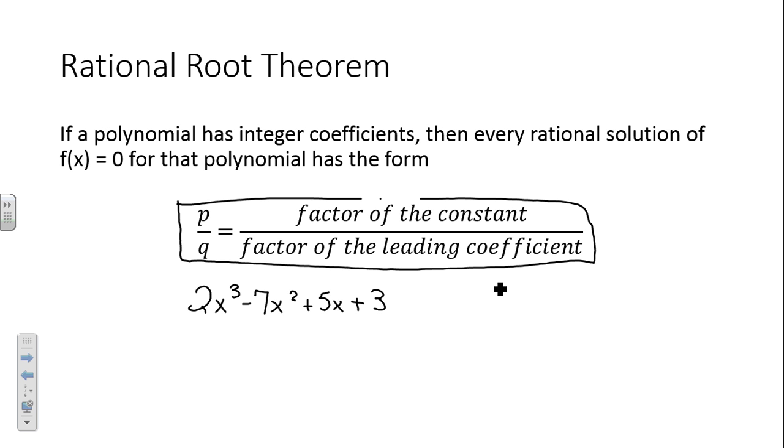So if we want factors of the constant, which one's the constant? 3, right? There's my constant. What's my leading coefficient? 2, the number that's being multiplied by the highest power.